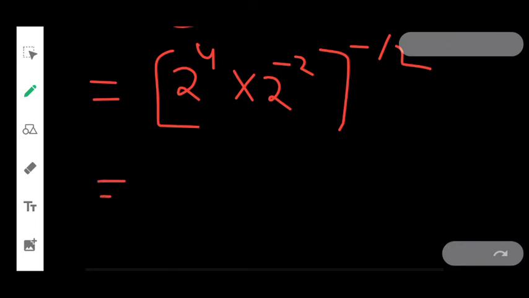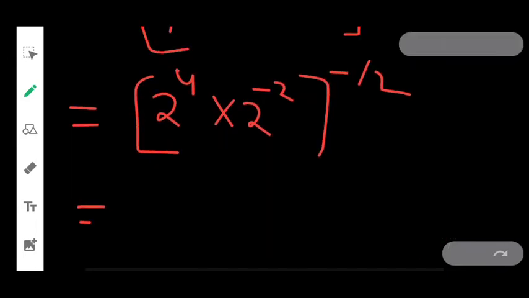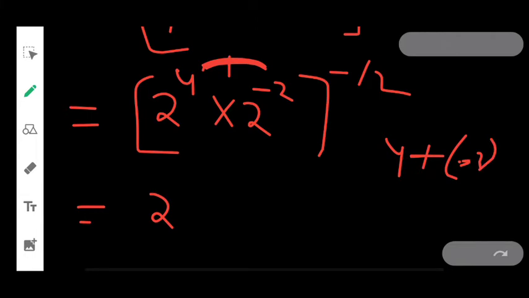So 2 to the power 4 into 2 to the power minus 2, whole power minus 1 by 2. The base is the same, and in multiplication the exponents will be added. So 2 to the power 4 plus minus 2, that means 4 minus 2 is 2.